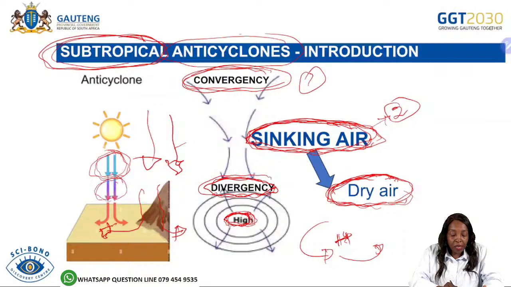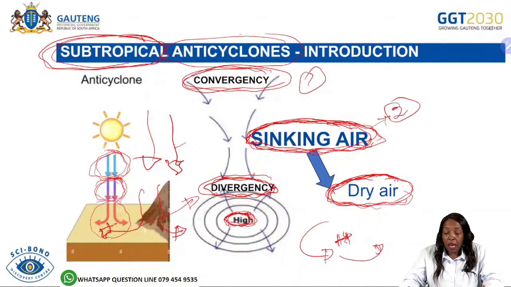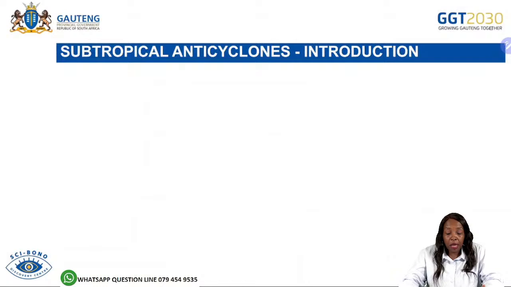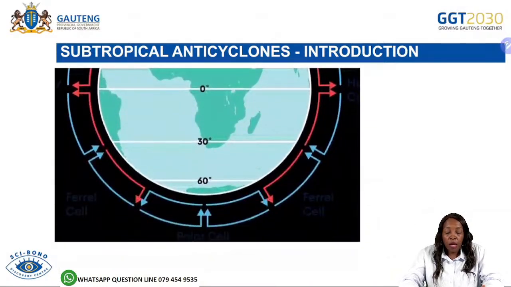So as the air sinks onto the lower surfaces of the atmosphere, it heats up at an adiabatic lapse rate. So the air that gets to the surface gets heated, and then we can identify the surface air movement, which is going to be this divergence that we can see here. So all these give us the characteristics of the air around the subtropical anticyclones.